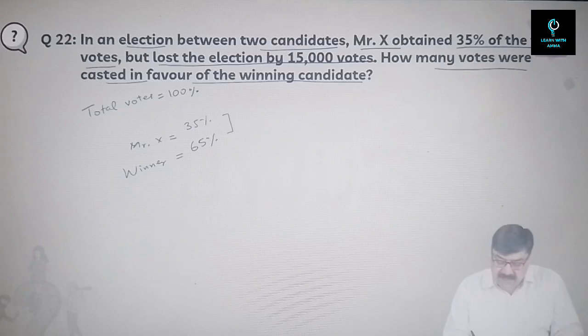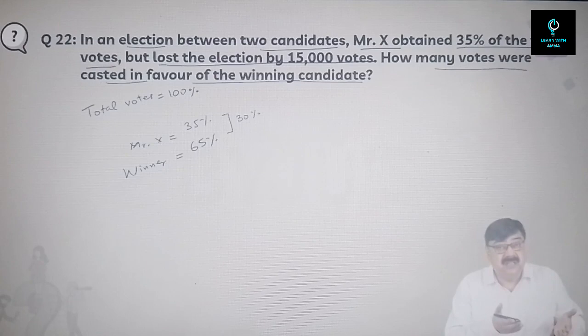Now the difference between their votes in terms of percentage will be 30%. Well, winner gets 65%. Loser, Mr. X, gets 35% of the total votes. So the difference between their votes in terms of percentage is 65% minus 35%.